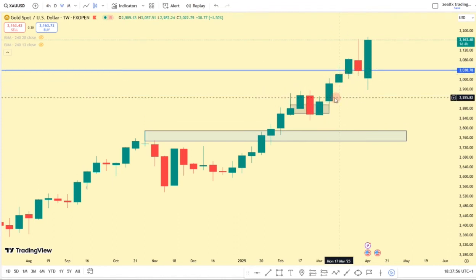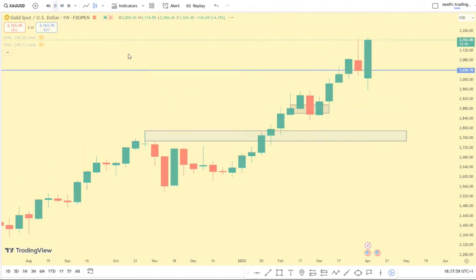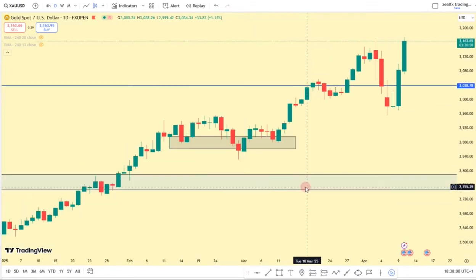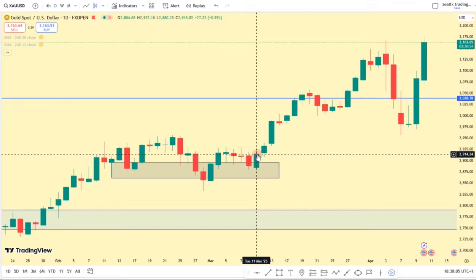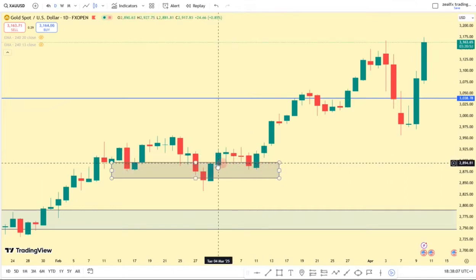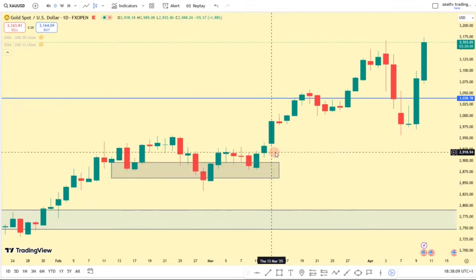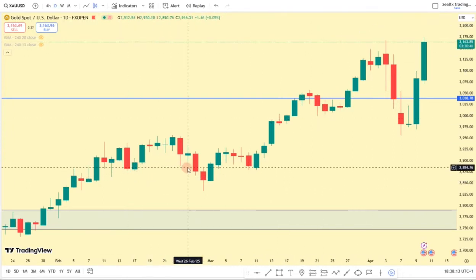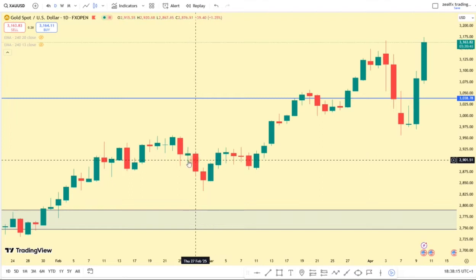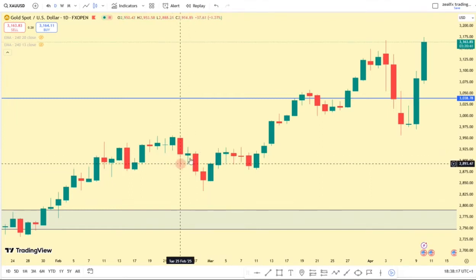The next thing I did was to go back to my daily chart. When I go back to my daily chart, I wait for price to close above this level. Price closed on this support level, which we have here as a resistance, so we need price to close above it to convert that to support.